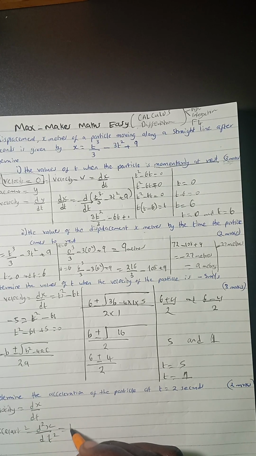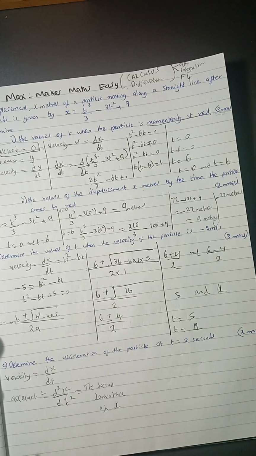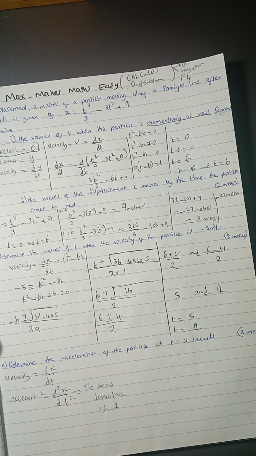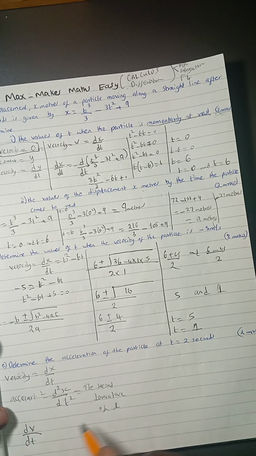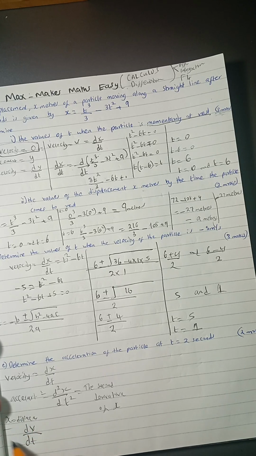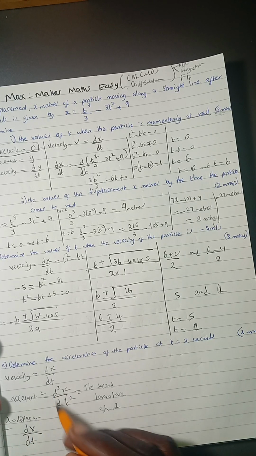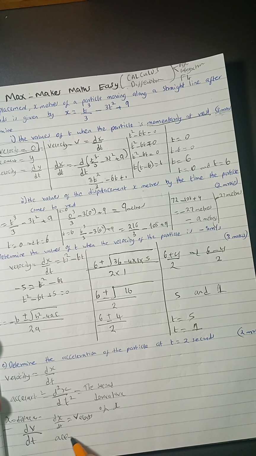This just means the second derivative of x. The second derivative of x simply means the derivative of the velocity. If displacement is x, then dx over dt is equal to v. This is the velocity. Then our acceleration is equal to the derivative of the velocity.